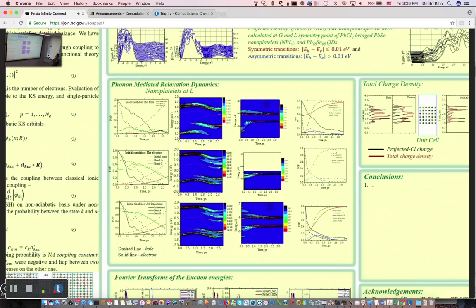So from these two limiting conditions, the selective hot hole and hot electron transitions show that the overall relaxation process of the electron is slower compared to the hole. That's also because the subgap is excited and relaxes to here, and then it takes time to relax to the frontal orbitals.